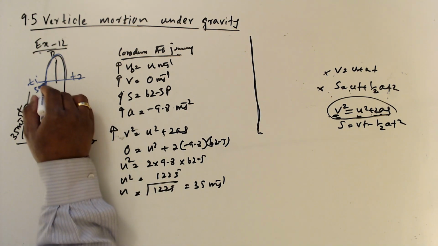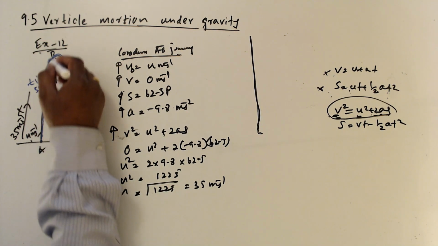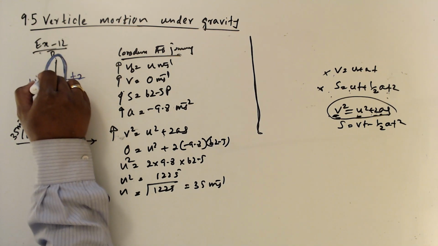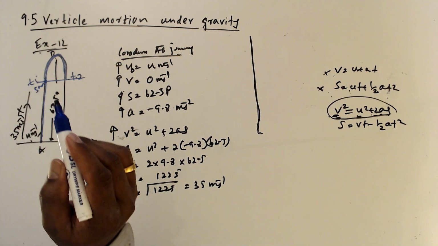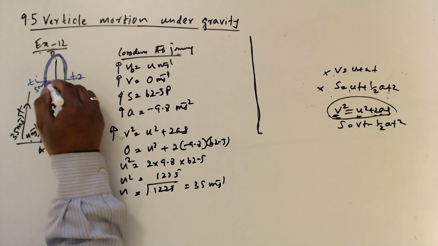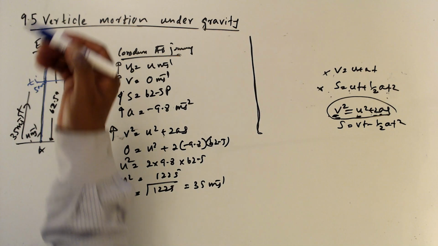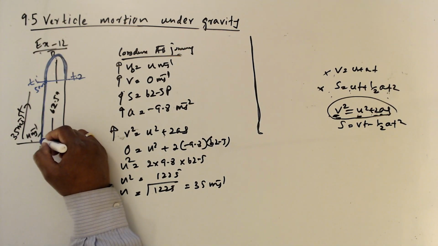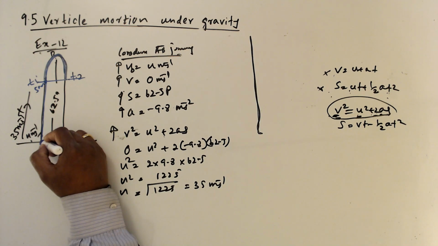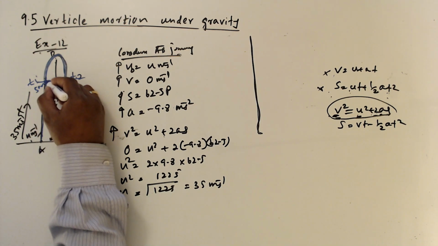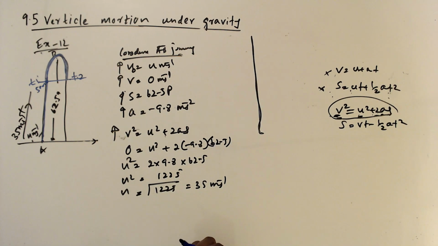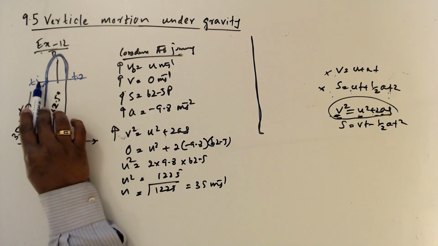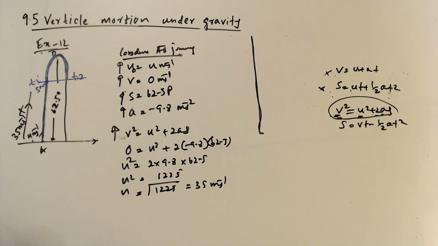So the time it stays more than 50 meter is the time in this curve. It means T2 minus T1 is the time the particle stays above the 50 meter. So basically we are going to find how long it takes the particle to go to 50 meter. For that, we will get two answers for that equation.